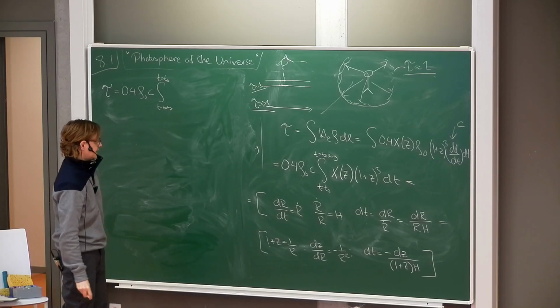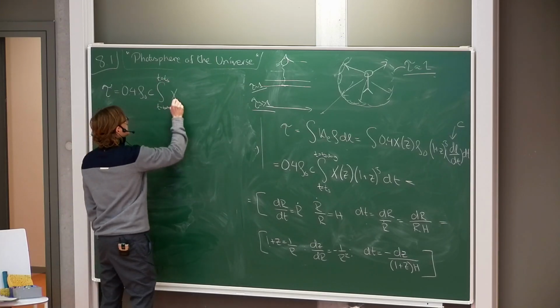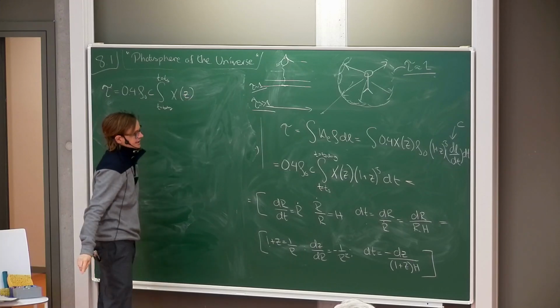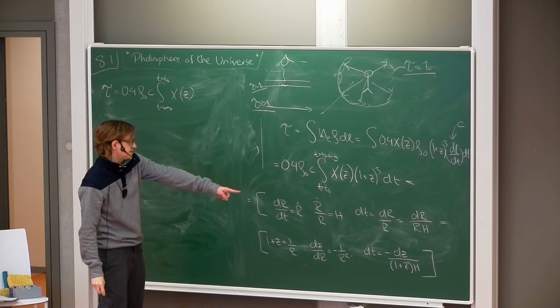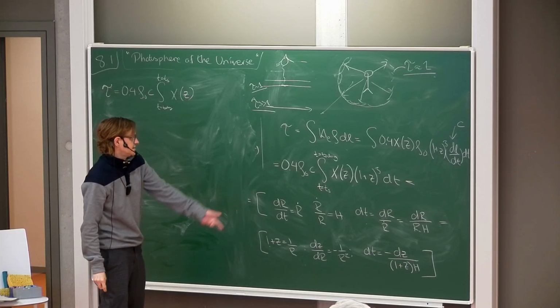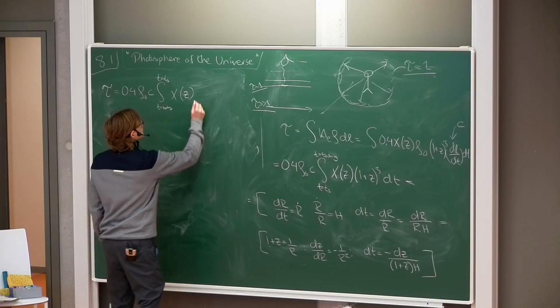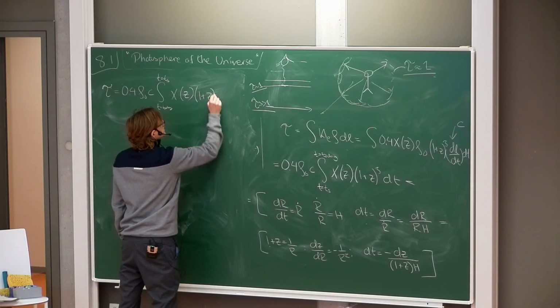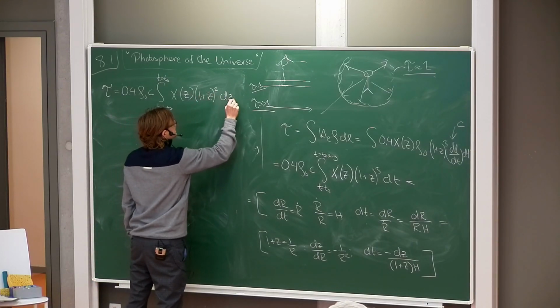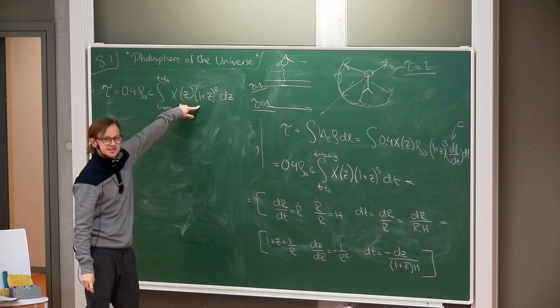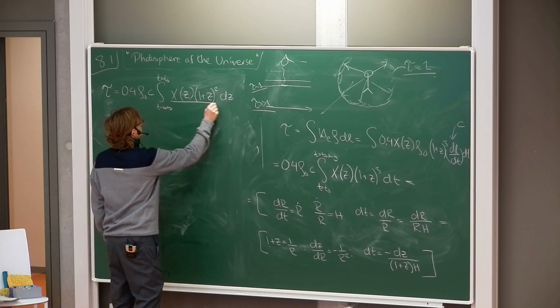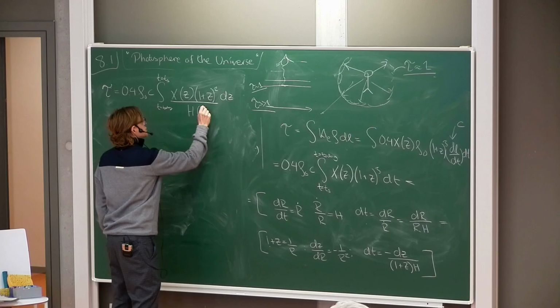Yeah. And we're going to have x of c, and then instead of the t, we're going to have the c divided by 1 plus c of h, and then we have 2 there, so we're going to have this squared dc, but then I have my h of c in the denominator, and that's the general expression, of course.